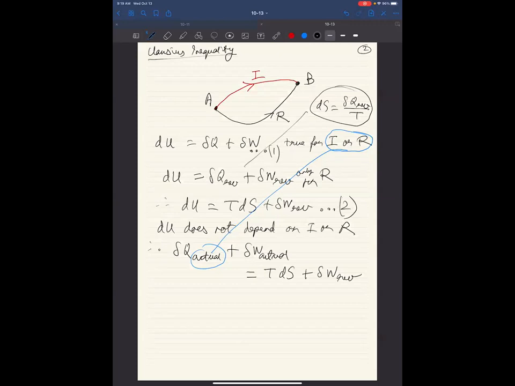Okay, you guys are easy to please then. So let's manipulate this equation.